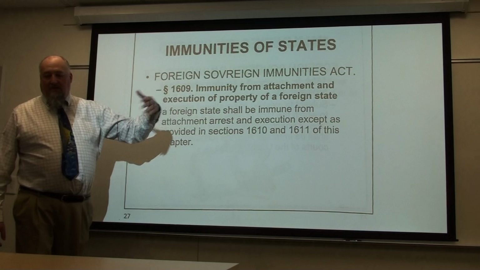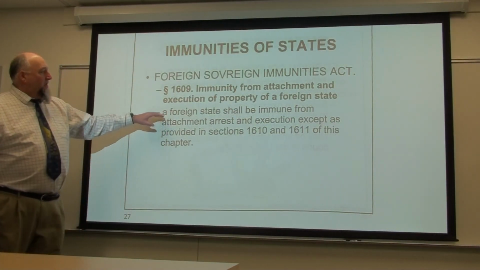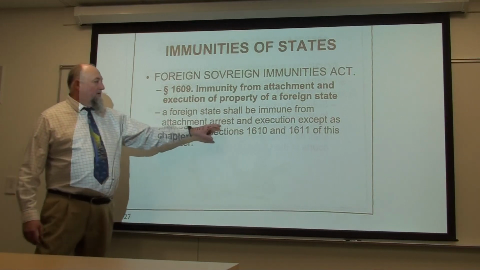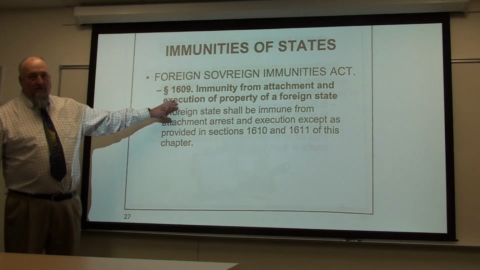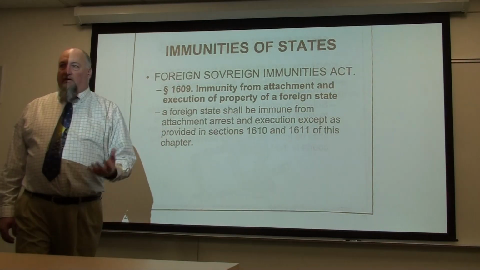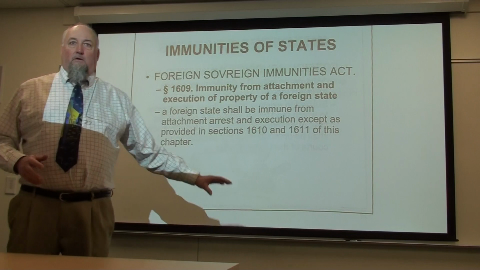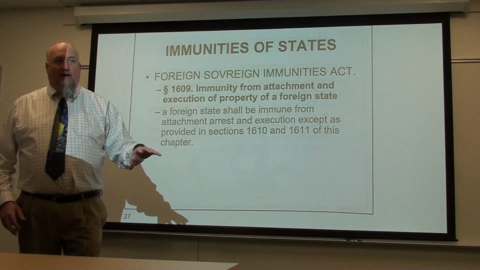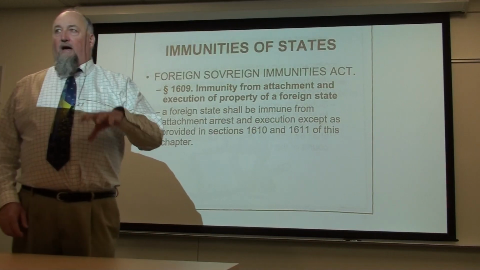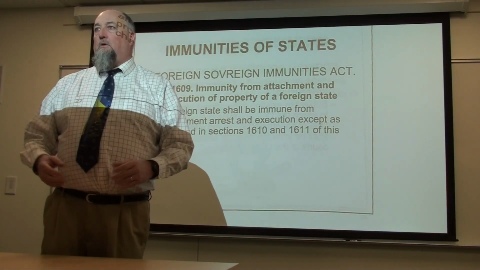If a state has sovereign immunity, then it shall be immune from attachment, arrest, and execution of its property in a foreign state. This is a matter of customary international law, which has been codified. So in plain language, what that means is if sovereign immunity applies, then the assets of the sovereign cannot be seized.